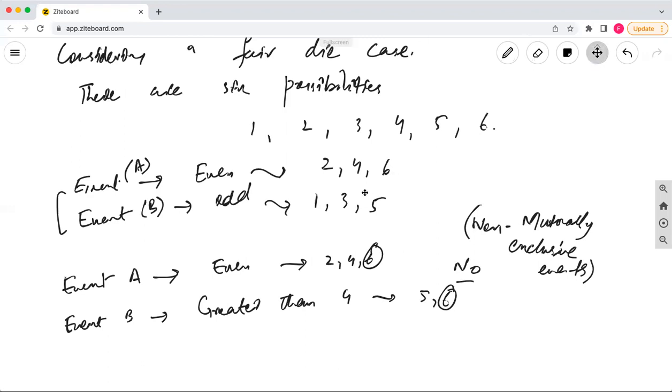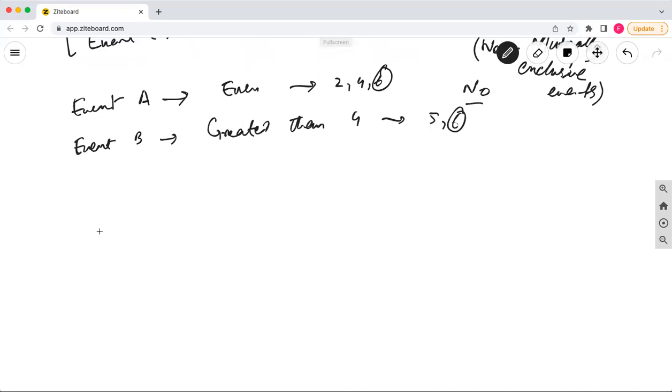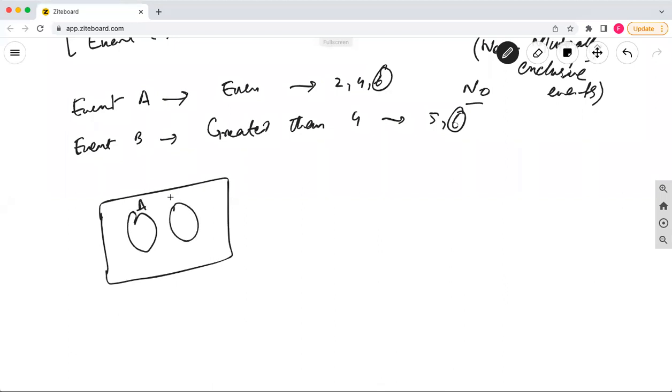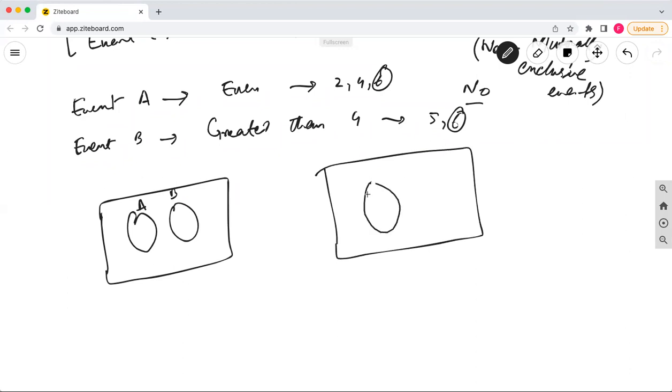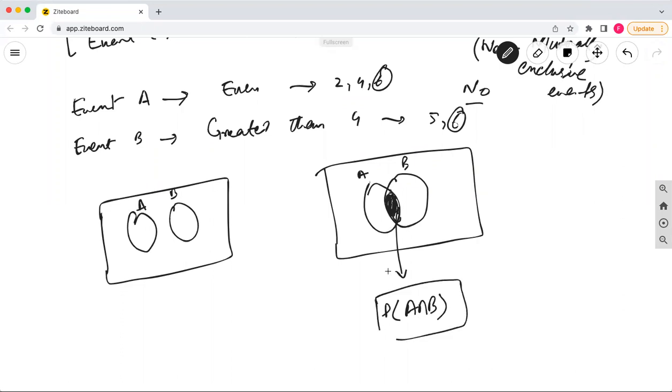And again for remembering, in case of mutually exclusive, there is no overlap. If this is event A, this is event B. And in case of non-mutually exclusive, there must be some overlap. This is A, this is B, which is usually represented in probability form as A intersection B, or A and B. There is some overlap, so these are non-mutually exclusive events.